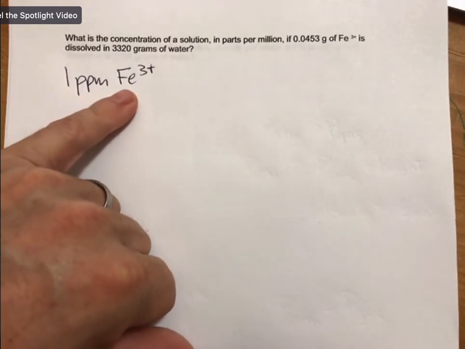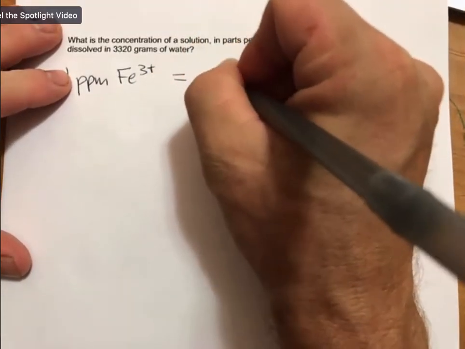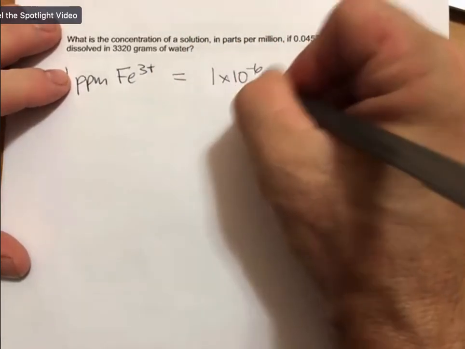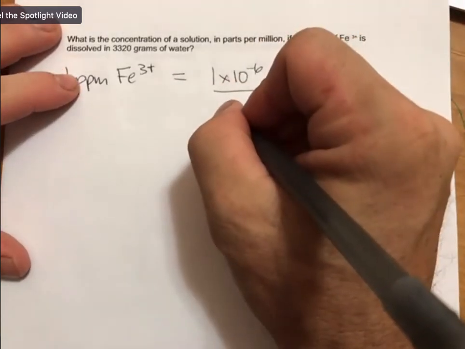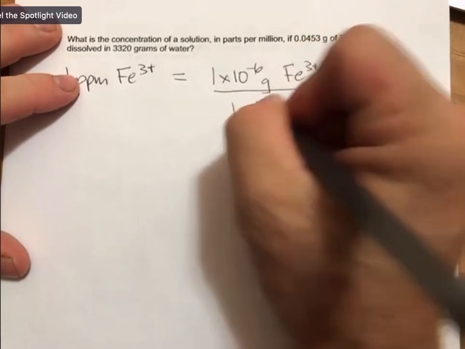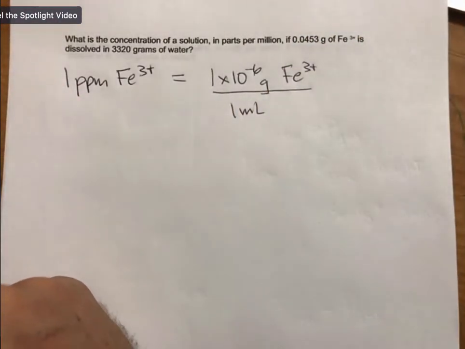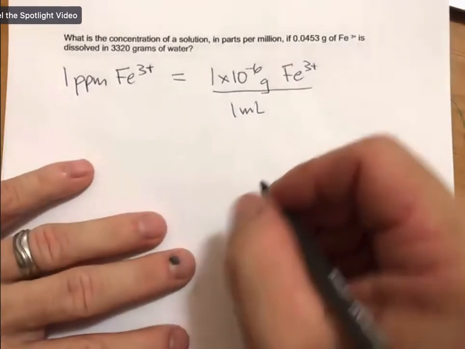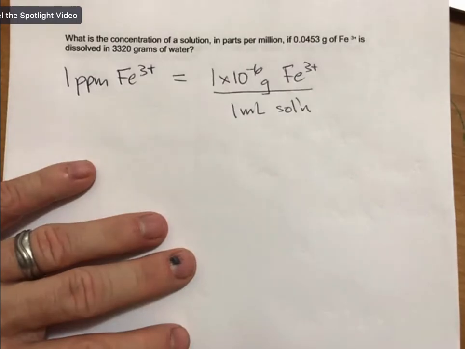1 part per million of anything is equal to 1 times 10 to the minus 6th grams per milliliter of, and truly, it's a solution. So the best word to write here is solution, or for my abbreviation, SOL'N for solution.